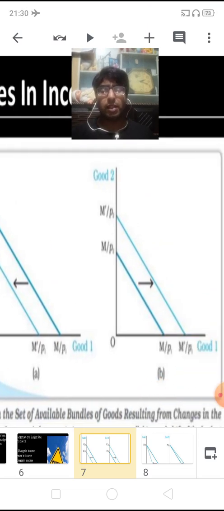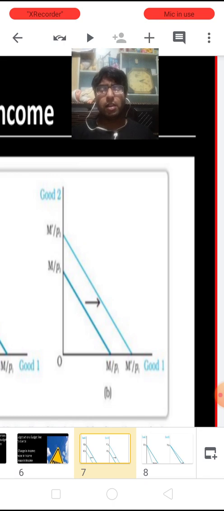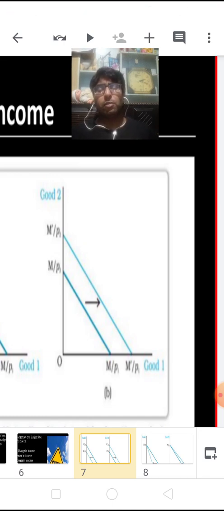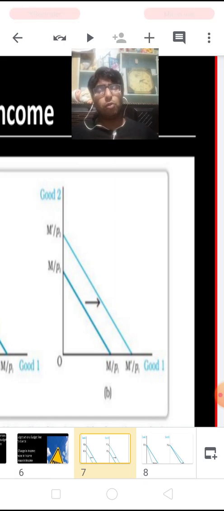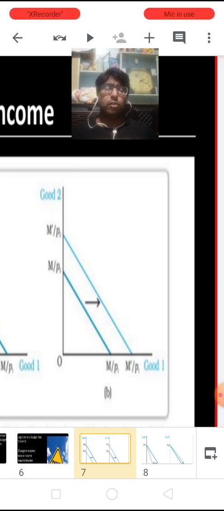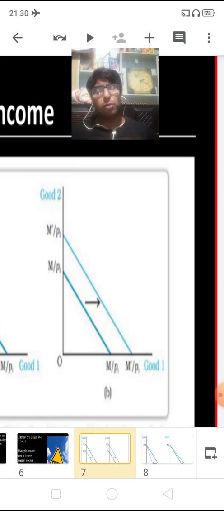And on the very right hand side there is a diagram which is represented with B. Now suppose the money income of the consumer increases, previously he had only 100 rupees, but now his money income increases to 200 rupees. Now with this 200 rupees he can avail more of both the commodities.